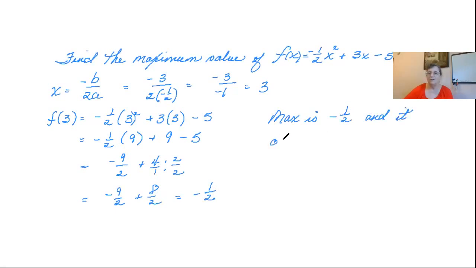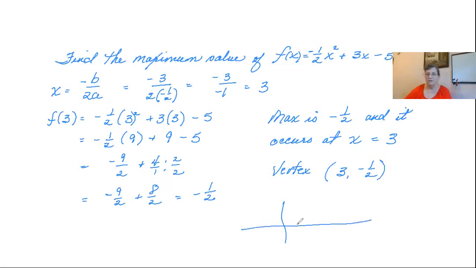And it occurs at x equals 3. In other words, the vertex for this is at the point 3, negative 1/2. We know this opens down.